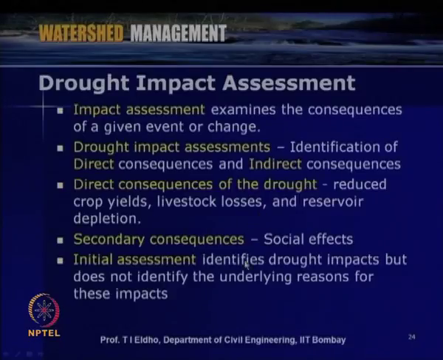The initial assessment identifies the drought impacts, but does not identify the underlying reasons for these impacts. So, we can have an initial assessment as far as the drought situation is concerned, and then we can go for a final assessment based upon the initial assessment by critically studying various aspects, so that the drought impact can be properly assessed.